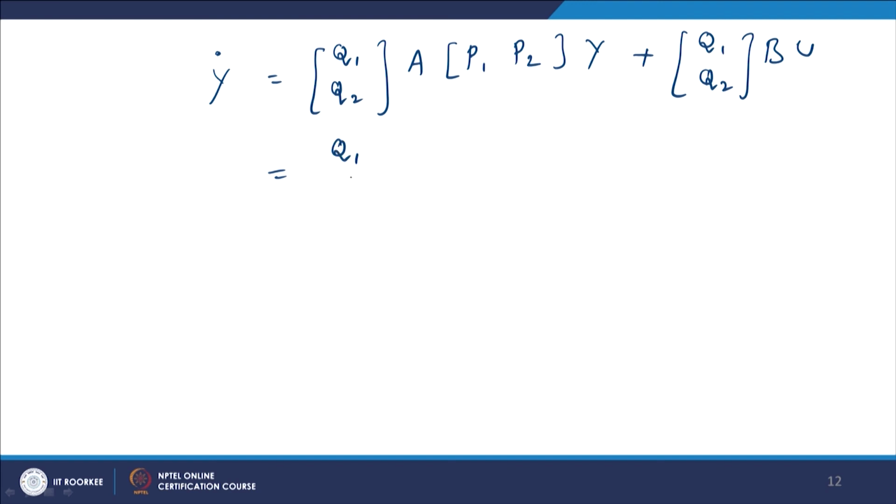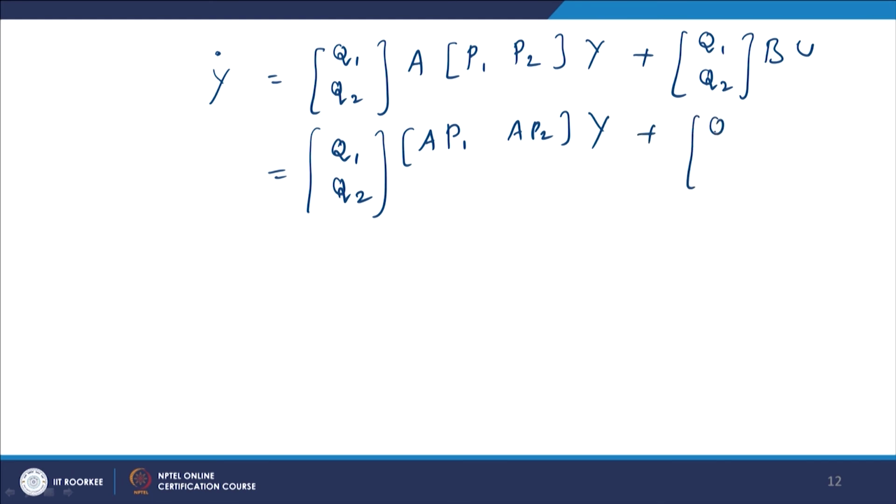So, this implies that Q1 Q2, the first matrix, multiplied by matrix A multiplied by this block y dot equal to Q1 Q2 multiplied by the product AP1 as the first block and AP2 as the second block, multiplied by the vector y, plus Q1 B as the first block and Q2 B as the second block multiplied by the vector U. Again we multiply the Q1 block with AP1.